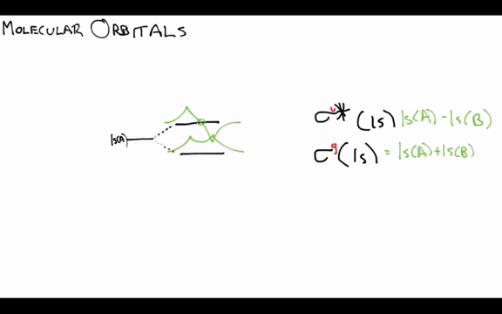So we make this again out of the 1s orbital, and let's just choose nucleus A here. And the way to think about this is, think about a situation where you have a neutral hydrogen with one electron in a 1s orbital, and another proton comes wandering in, a bare proton, just a positive charge, and we start to perturb the wave function.